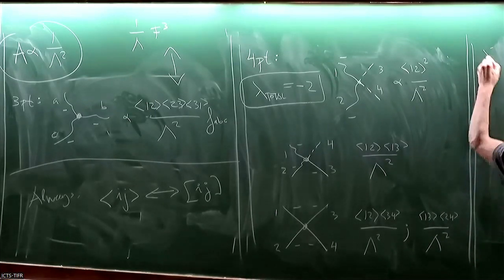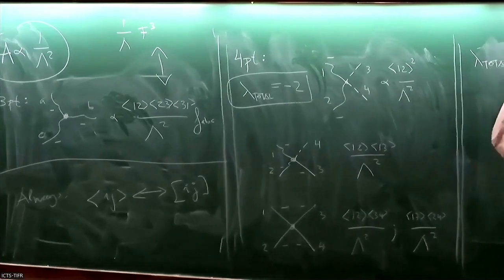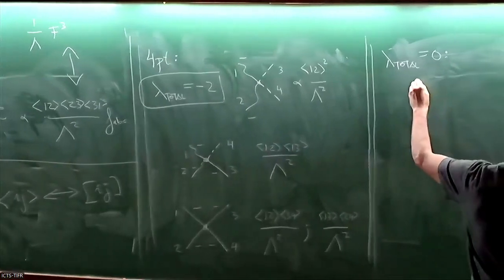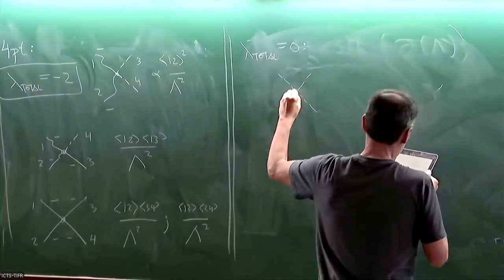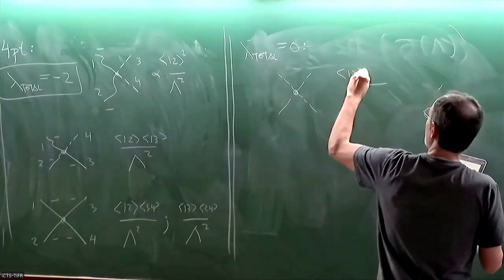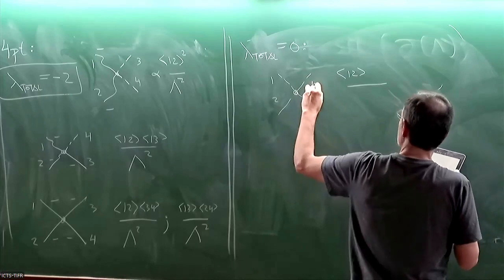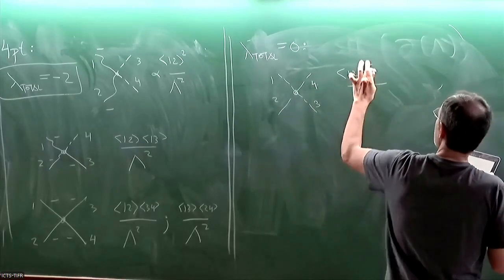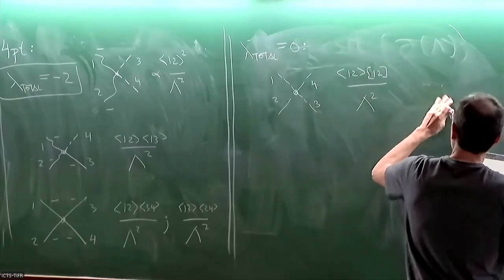Now there is also lambda total 0, that are like 4 Higgs. You can have 1, 2. You can have two of them.